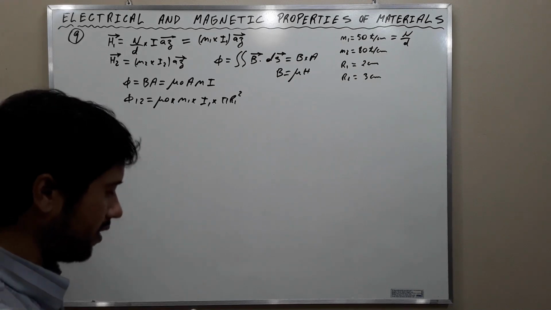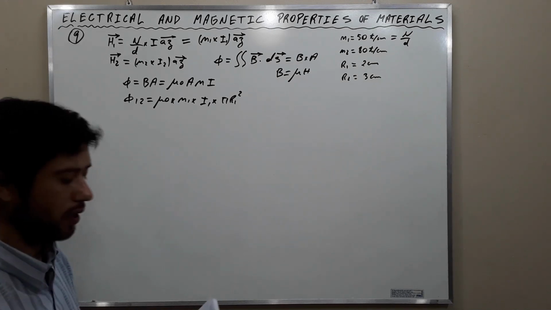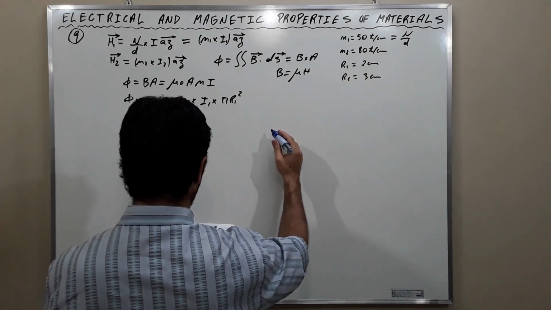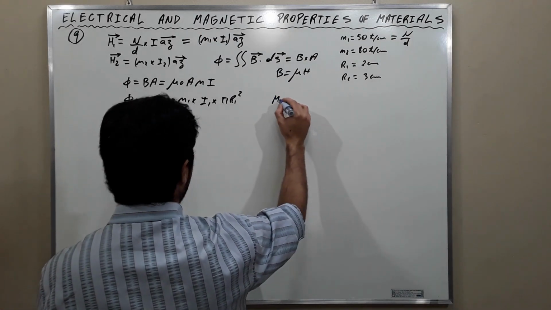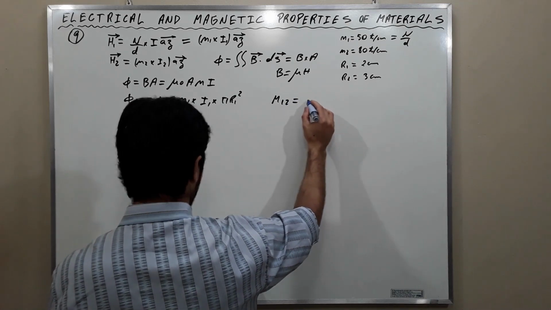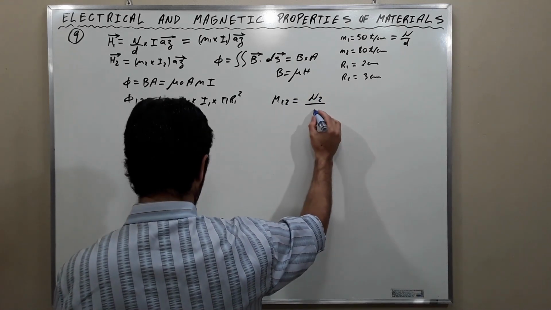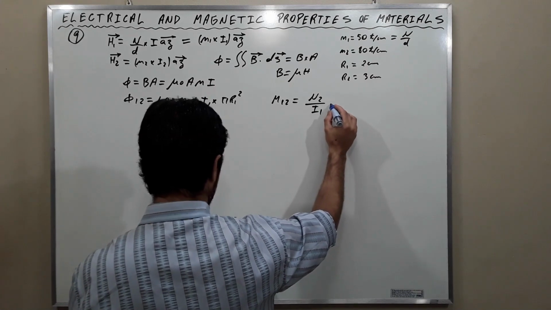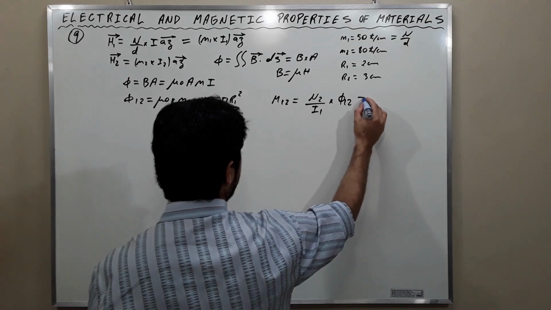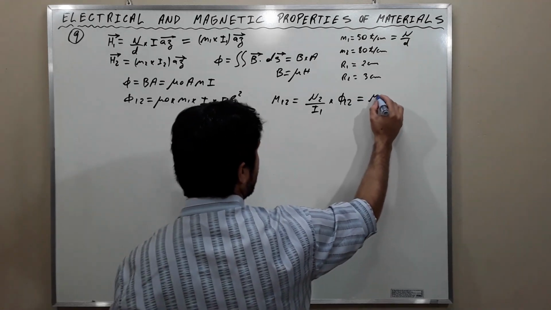We find that the mutual inductance is M12 equal to N2 over I1 times phi 12, which is equal to M21.